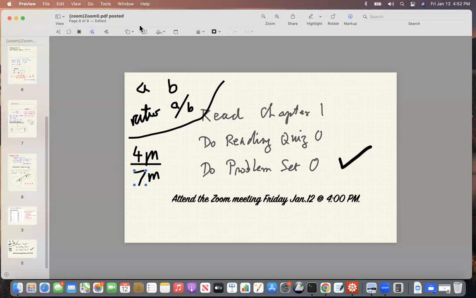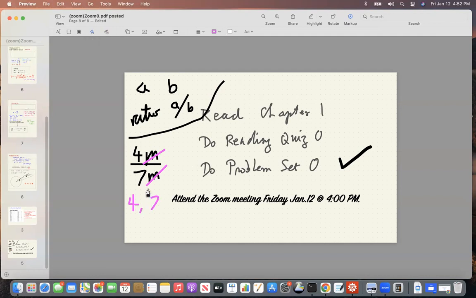So, how do you simplify this? In your notebook, you could simplify it this way. You could say, well, I'm going to cancel the m and I'm going to cancel the m. So the answer is 4 divided by 7. Now, you could try typing into Lon-capa 4 divided by 7, but it won't accept that.